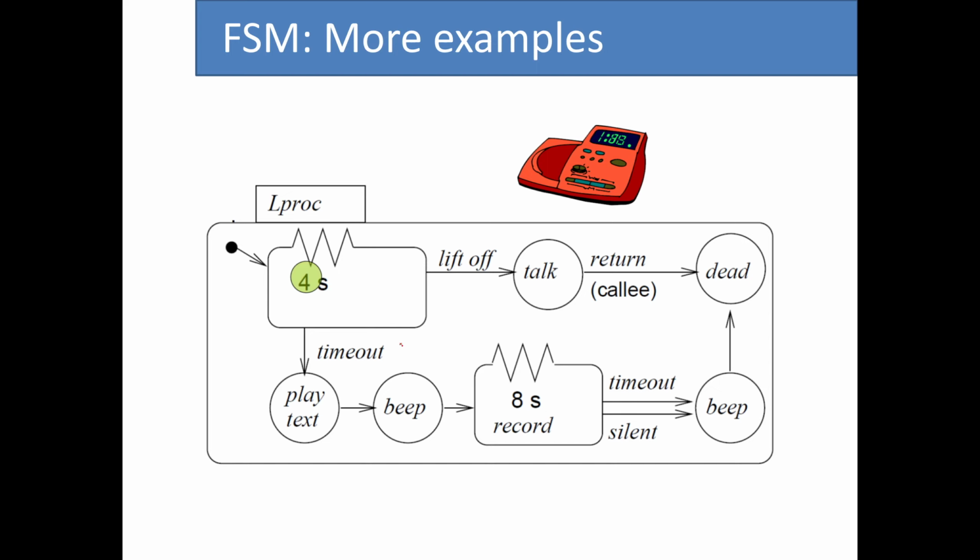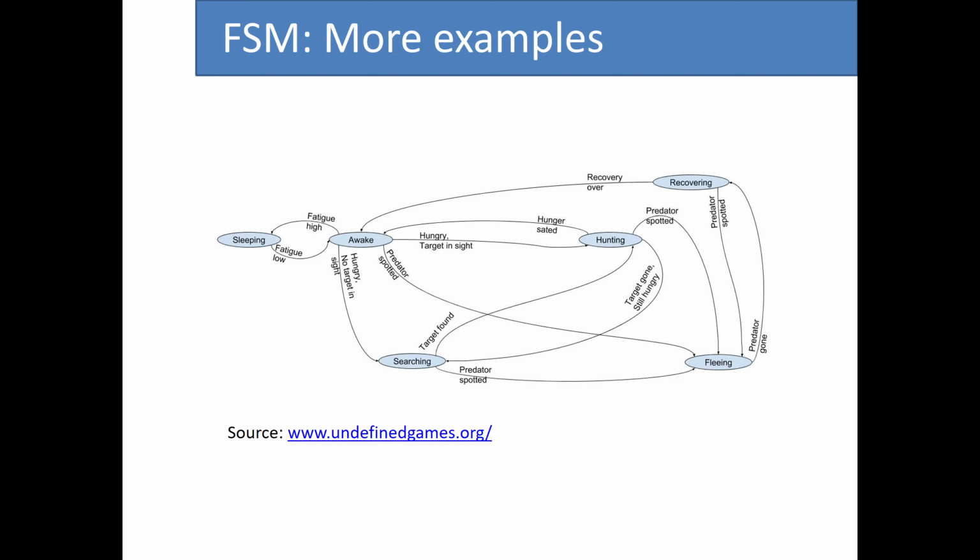Or if 4 seconds pass and nobody picked up, then some text is played, you hear a beep, and then you have 8 seconds of recording, for example, and after that you go silent, and then one more beep, and the system goes back to the initial state when nobody was talking. So this is a very basic example of a finite state machine used in an answering machine.